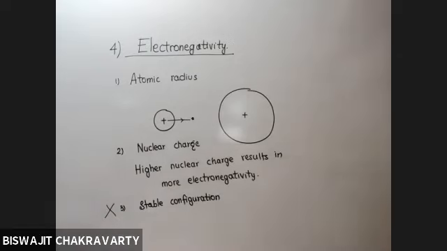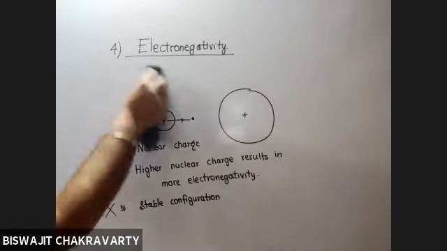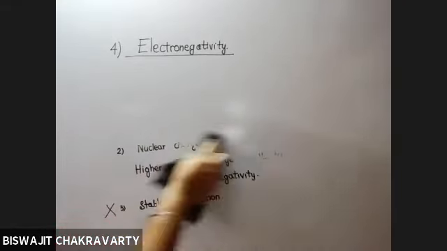In chemical bonding, you are going to get the concept of hybridization, and in the redox chapter, you are going to get what is oxidation state. But simply remember that the two major factors which govern the electronegativity are atomic radius or atomic size, and nuclear charge.